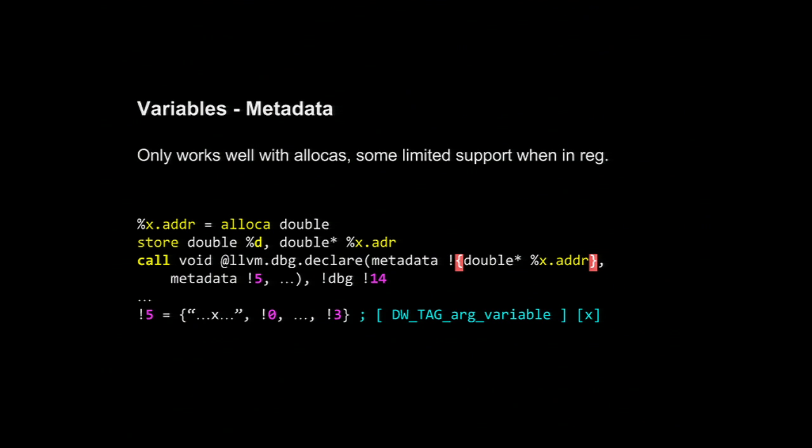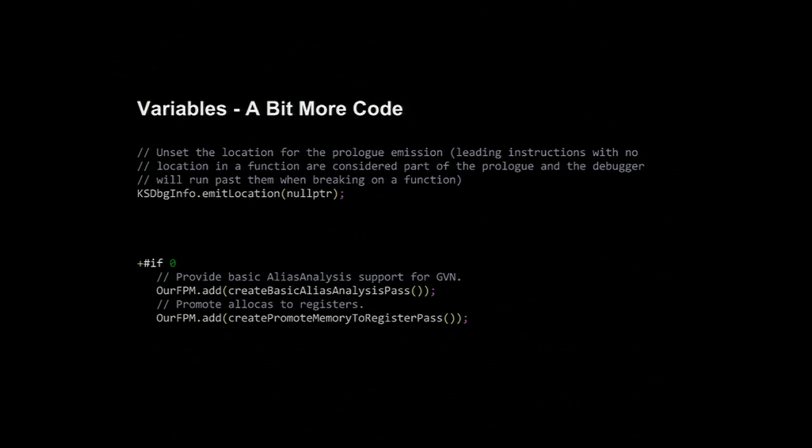So the backend has lots of support for being able to do this, and it's getting better and better support. But it takes a lot of little IR calls to keep track of where all the variables are. And so that's basically what things like debug declare do, and there's also a debug value that we're not going to go into now that you only really see for optimized debug info, which, going back to this slide, if you start to see debug value, you probably ran mem to reg.